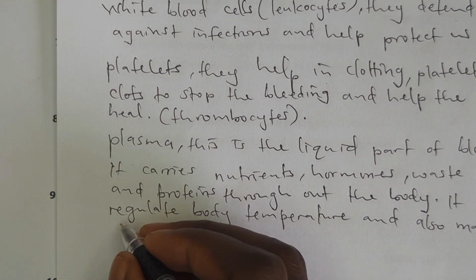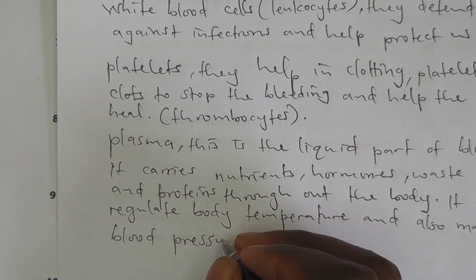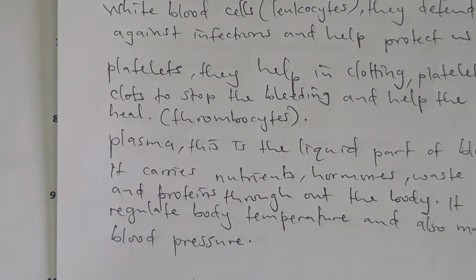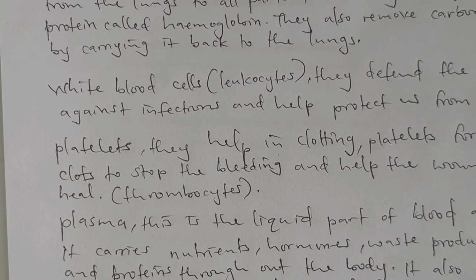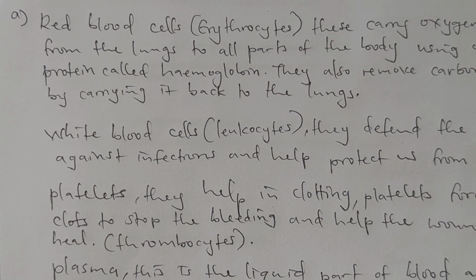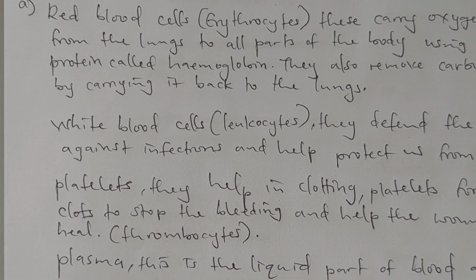So these are the components of blood: red blood cells, white blood cells, platelets, and also plasma.